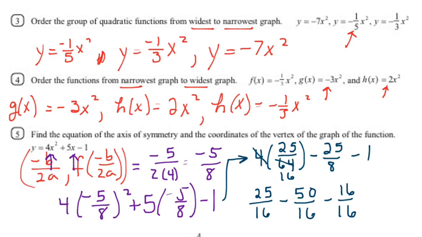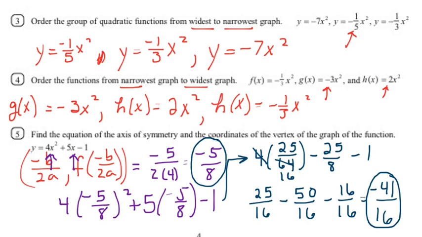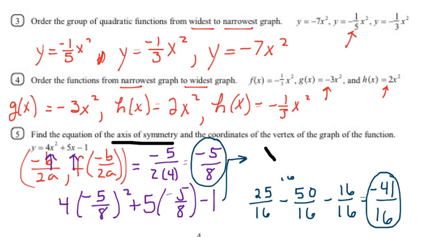Take away 25 is negative 41/16. So the x-coordinate of my vertex is negative 5/8. The y-coordinate of my vertex is negative 41/16. So there's my vertex. And finally they say, find the axis of symmetry. Axis of symmetry, x equals always your x value of your vertex, negative 5/8.